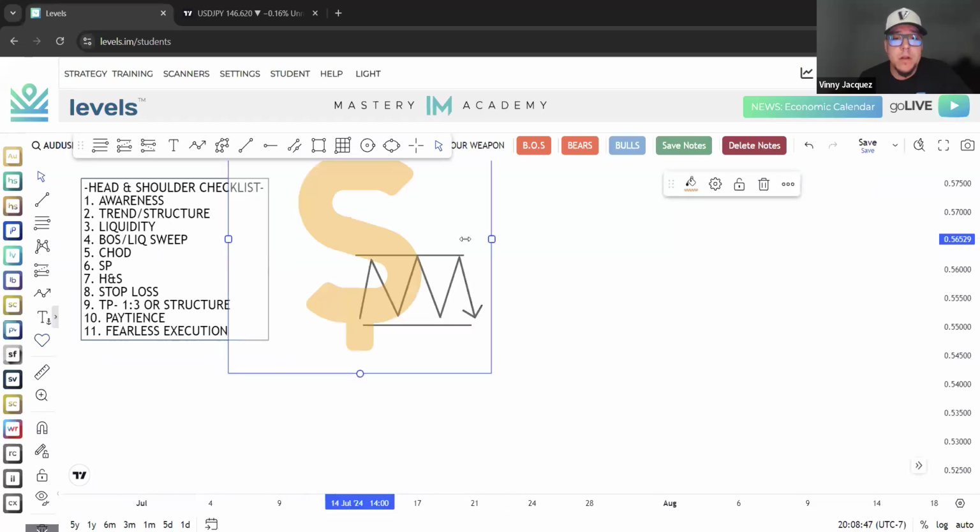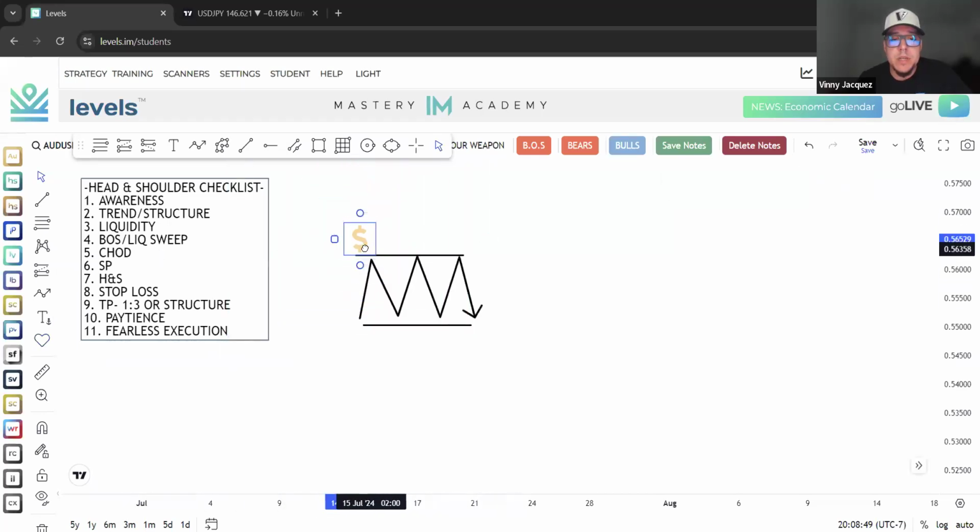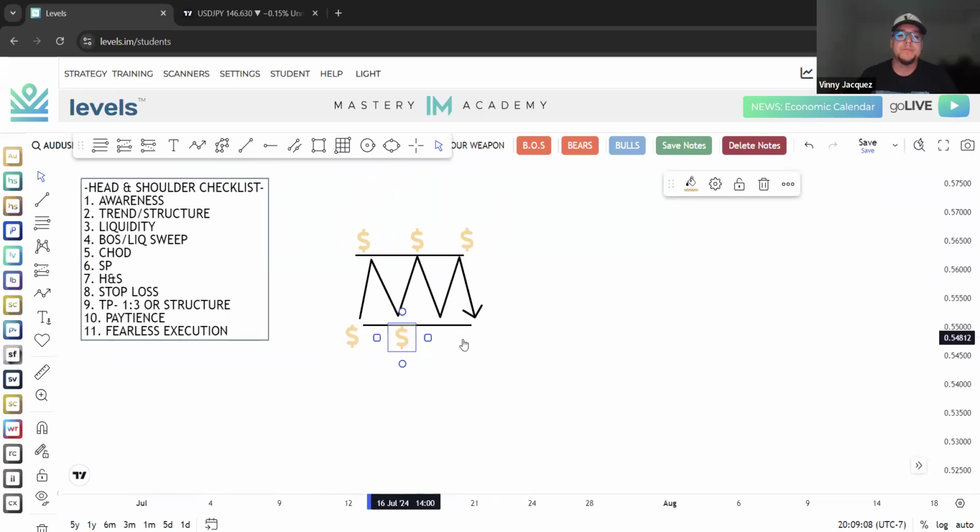You should all be familiar with support and resistance because that's in the Powerhouse Boot Camp and in the I Am Basics. So understanding support and resistance, we know that people are selling at resistance and people are buying at support. So this is something that we need to see when looking for the head and shoulder.